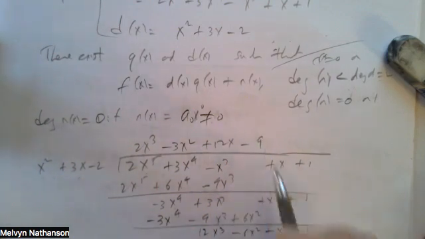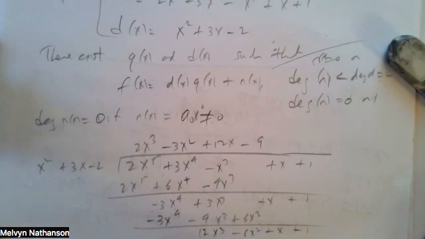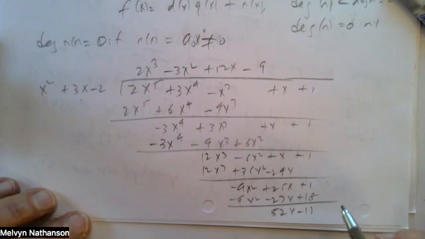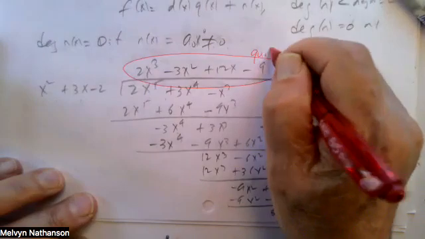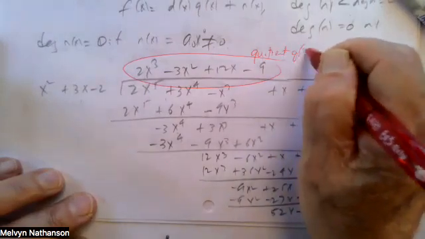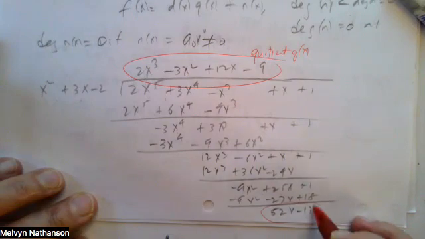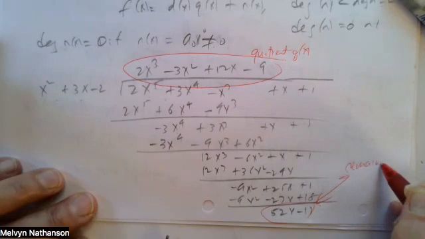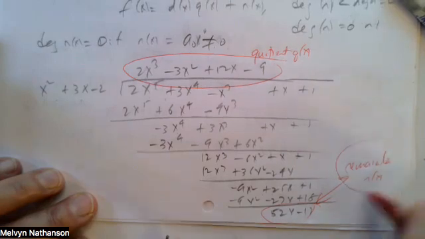X squared goes into this minus 9 times. I get minus 9x squared minus 27x plus 18. I subtract, I get 52x minus 17. So this is my quotient q of x, and this is my remainder r of x.